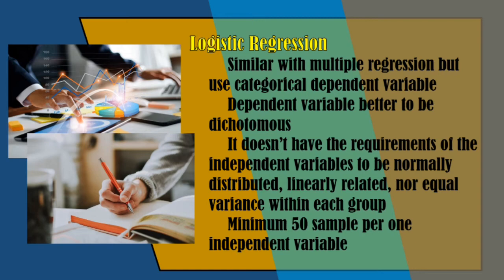A minimum of 50 samples per one independent variable. So in short, logistic regression measures the relationship between the categorical dependent variable and one or more independent variables by estimating probabilities using a logistic function, which is the cumulative distribution function of a logistic distribution.